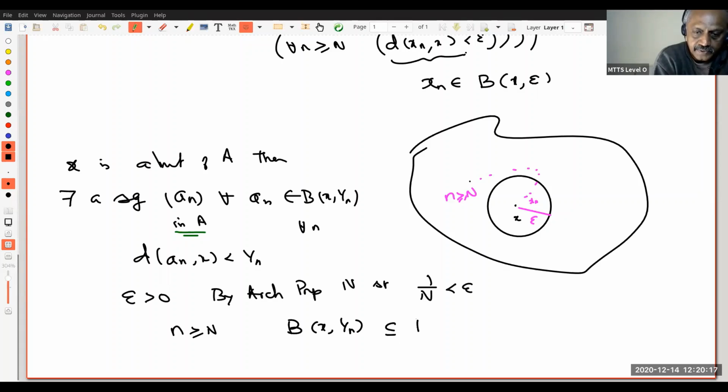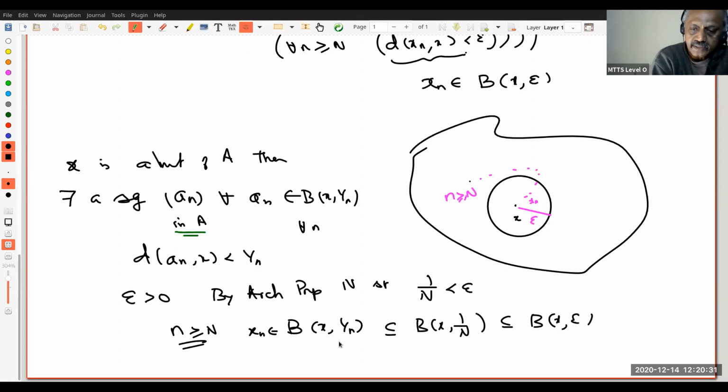is a subset of B(x, 1/N), and that in turn is a subset of B(x, epsilon). Therefore, for all n greater than or equal to N, my a_n lies here. That means for all n greater than or equal to N, a_n lies in B(x, epsilon), that is, the distance between a_n and x is less than epsilon. Do you understand this?